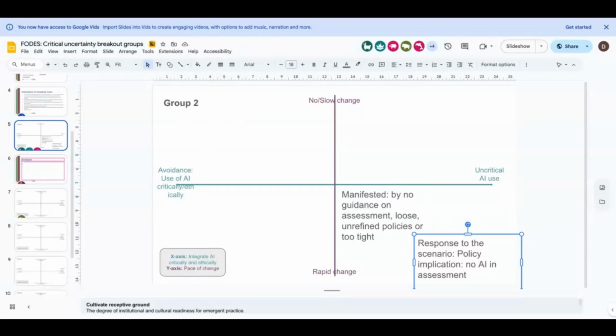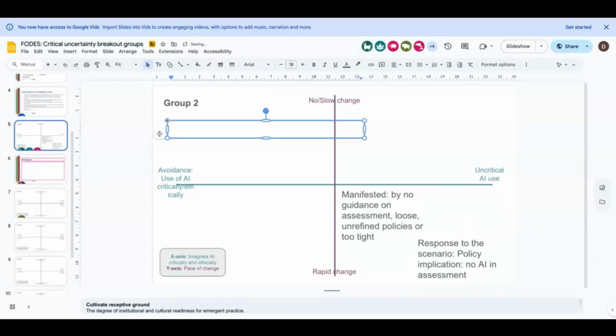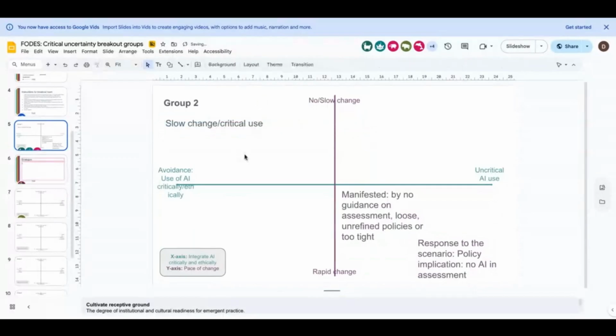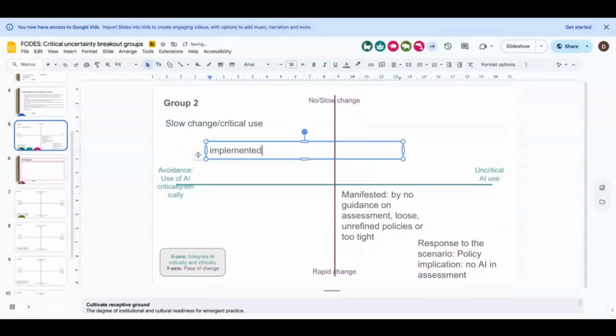So this is slow change and critical use. So that would be the idea. That's a really nice place to be. Slow change and critical use. This means that we have implemented a lot. I assume we have implemented a lot of support, training, guidance, policies on an institutional level.